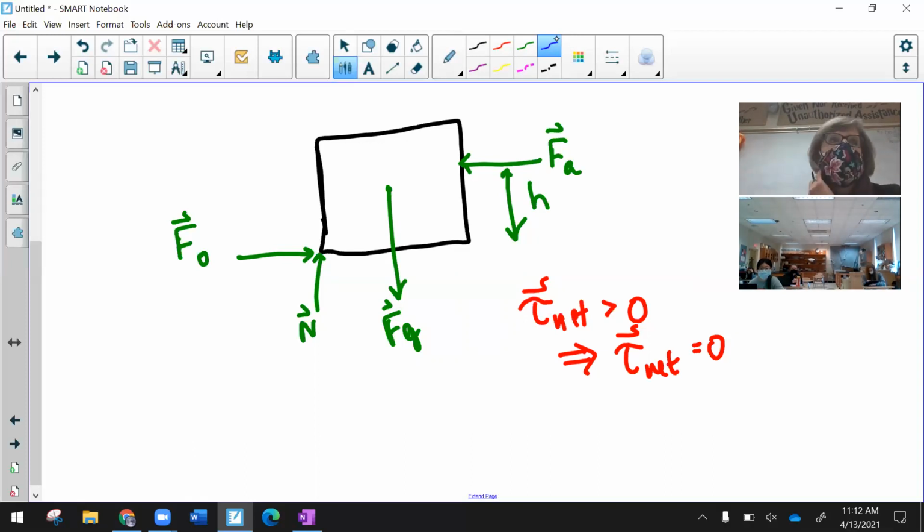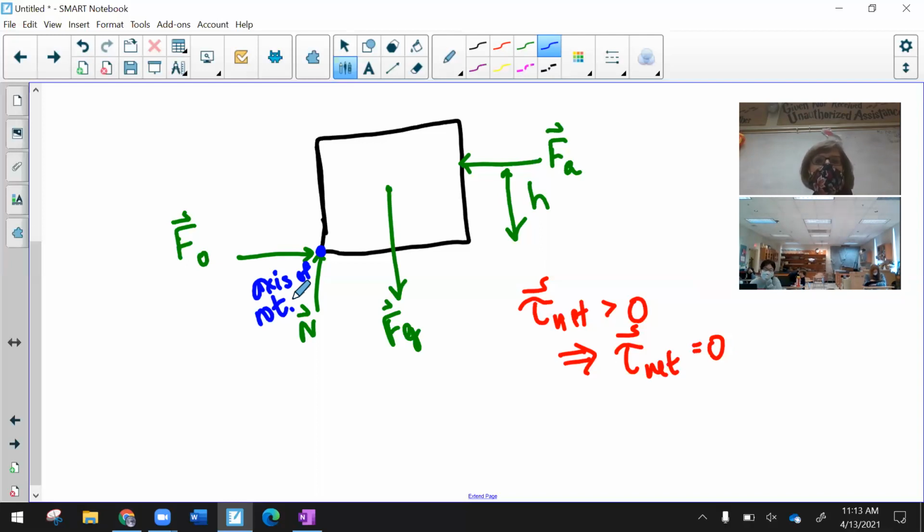So where shall we put our axis of rotation? Probably down here in the corner. Okay. Again, I don't really know what the obstruction force and the normal force are going to be.